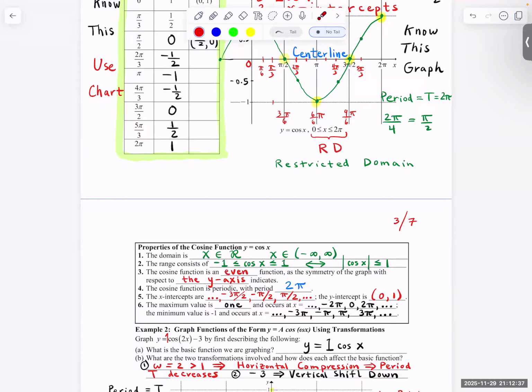Number 6, the maximum value of the cosine function is 1 and occurs at 0 radians, 2 pi radians, clockwise negative 2 pi radians. So these are even integer multiples of pi. The minimum value for cosine is -1 and occurs at pi radians.